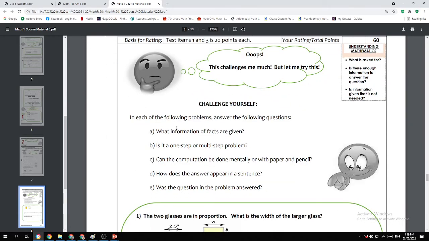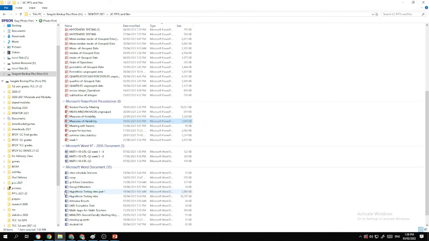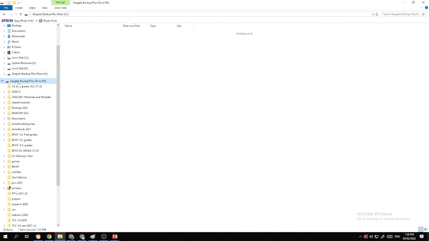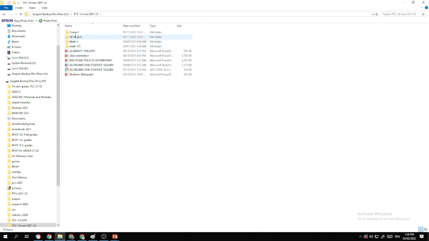For critical thinking, you don't have to go through that process. You can answer directly. For example, I will be changing this one for a while. For a while, let me go here. I need to open this TCC first sem. This is math 1.